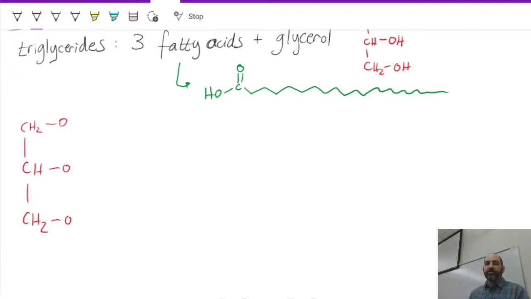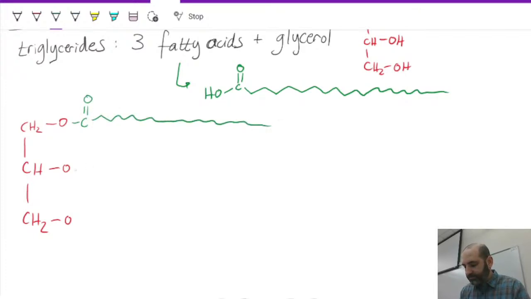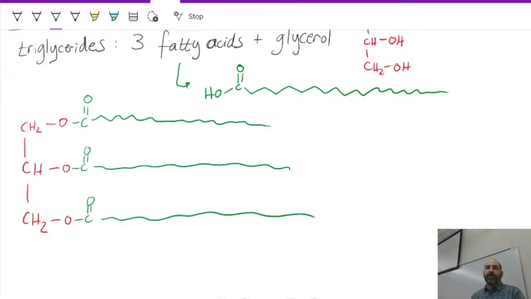And coming off of those O's is the tail part of each fatty acid. So we're going to have this C double bond O and then this long tail. Long tail, all right? And that's a triglyceride.